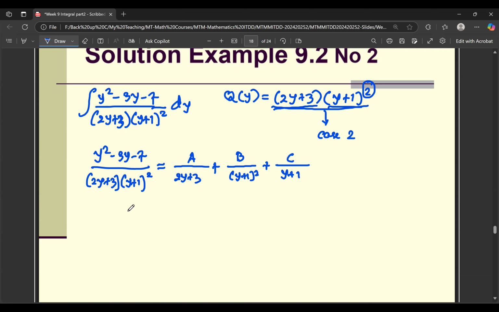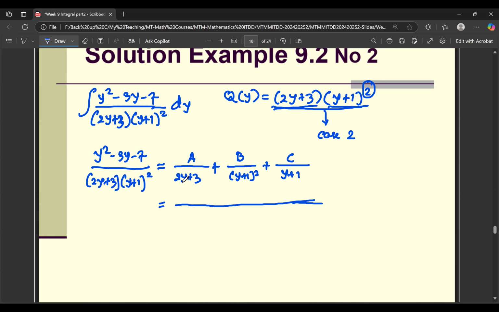Once we solve them, the details are in number one. The next step is to take the common denominator, as we did before.